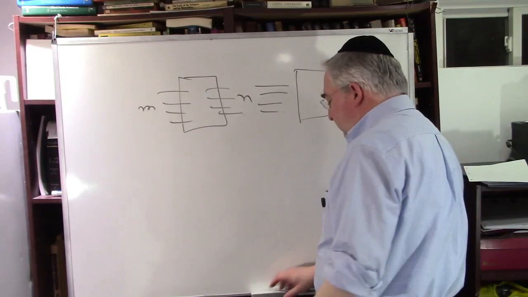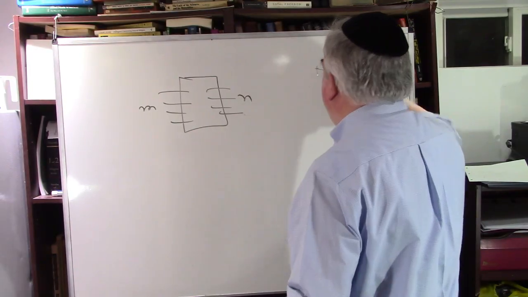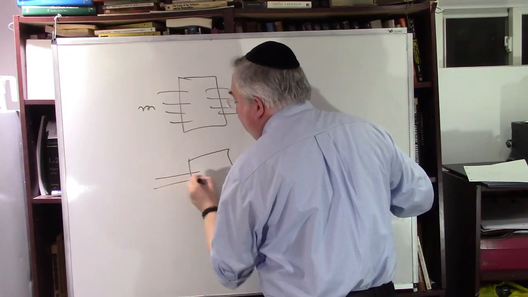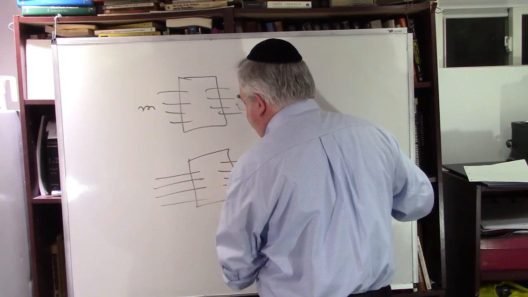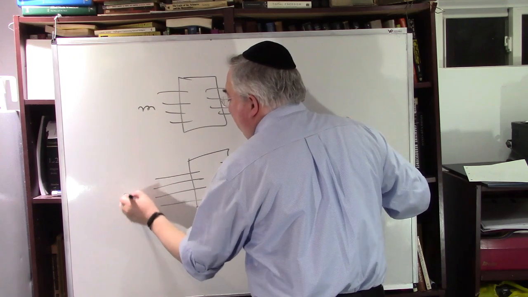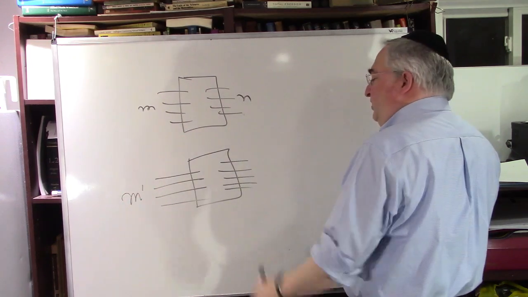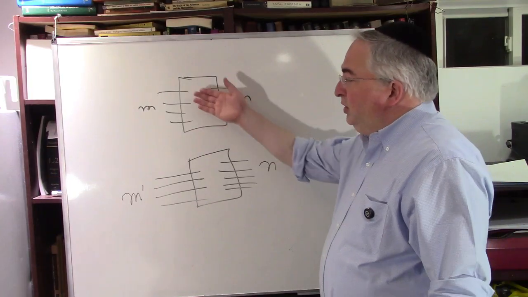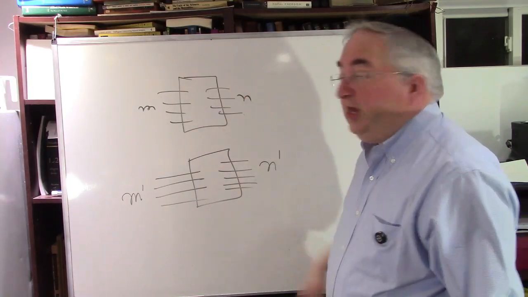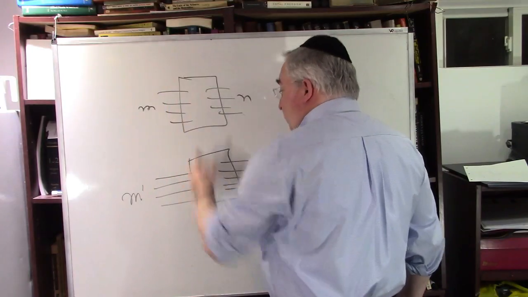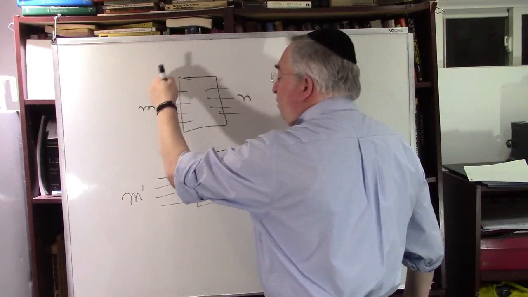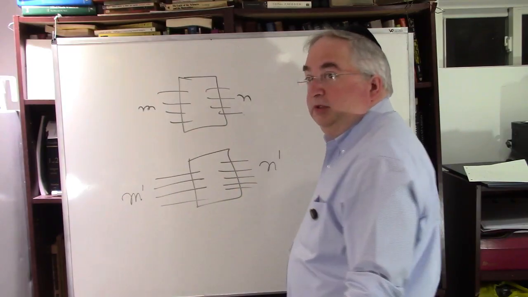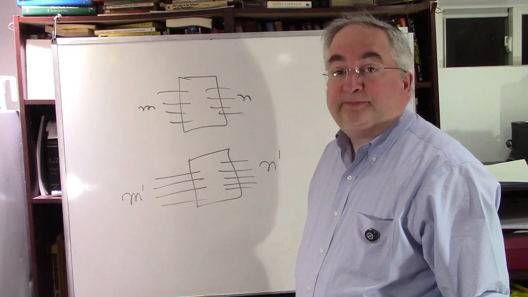But not only is it a category, so that's what we saw before, but it's also a monoidal category. Okay, so if you have M prime inputs here and you have N prime inputs there, okay, then you can bring these together, and what you could say is this circuit, this whole circuit, both boxes, goes from M plus M prime inputs to N plus N prime outputs. That's very nice.